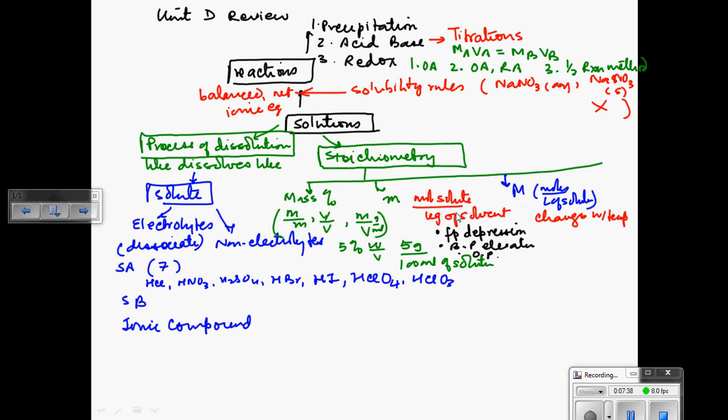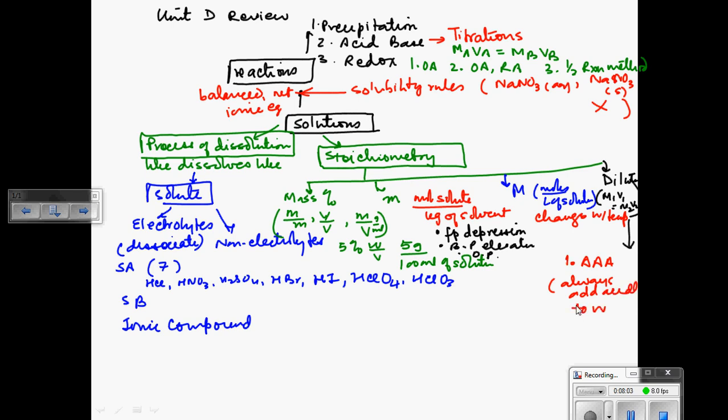And the last part about stoichiometry is dilution. While you dilute a solution, you use M1V1 = M2V2. Two things to keep in mind while diluting. The first thing is AAA: always add acid to water while diluting.